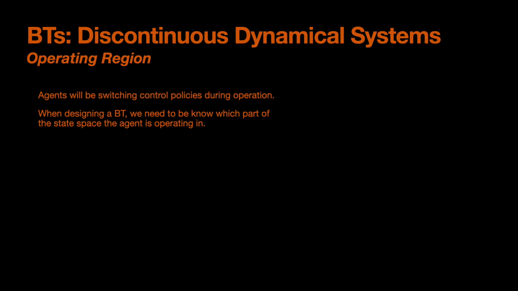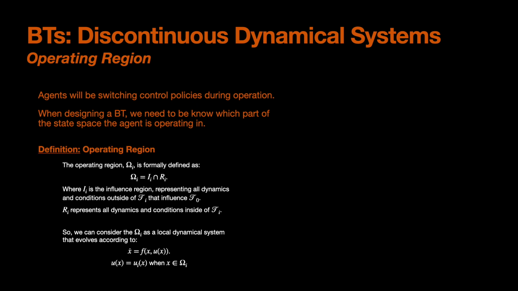So now, really what we're getting to is trying to view this through the lens of dynamical systems and control. We define this really important definition of an operating region. So again, we try to partition subtrees into their kind of local dynamics, and this operating region will capture where those local dynamics are occurring.